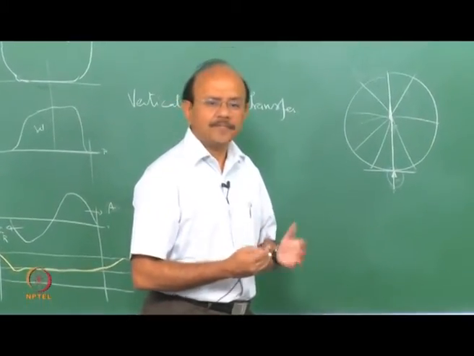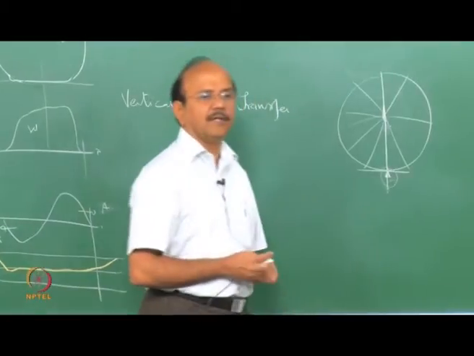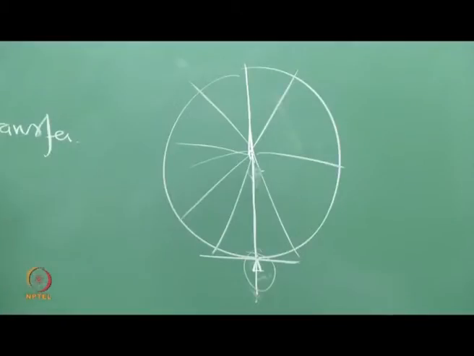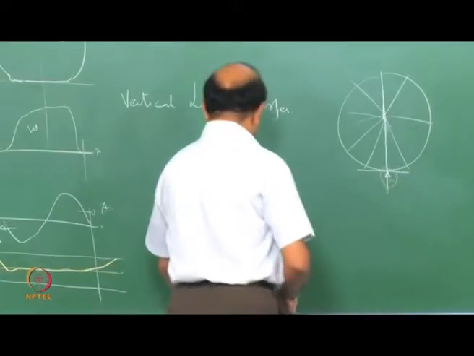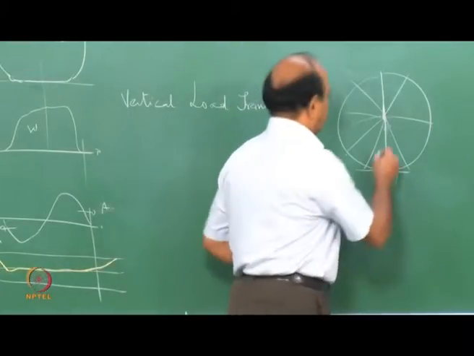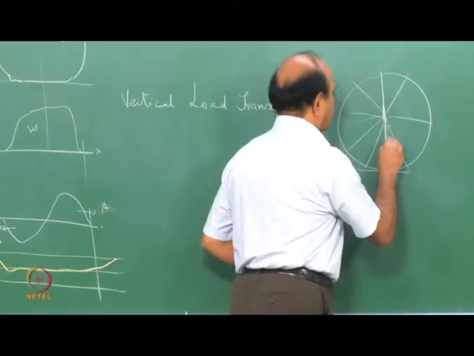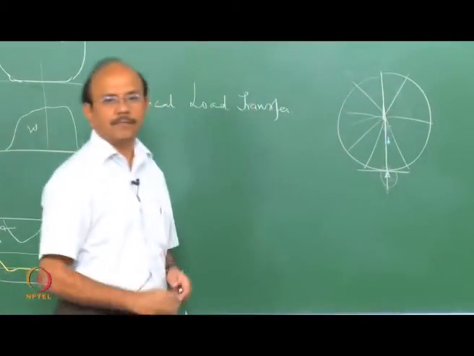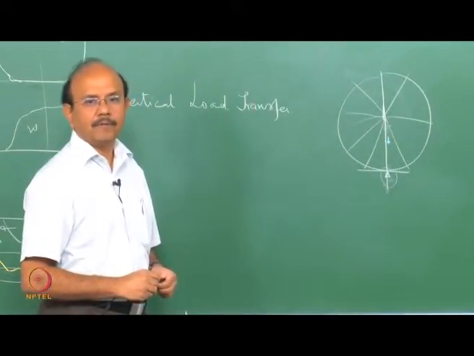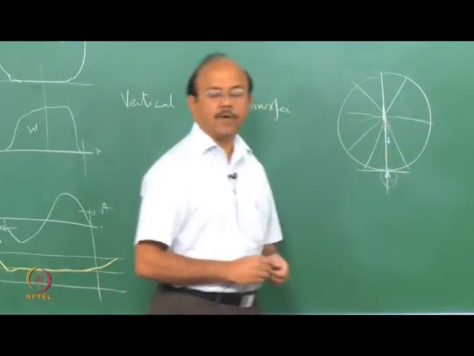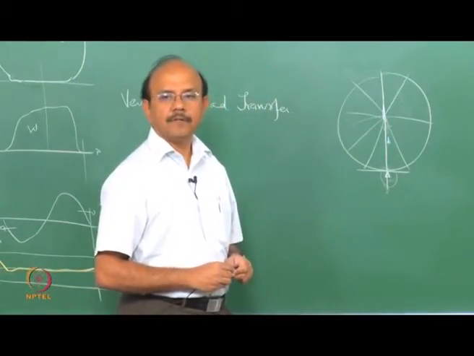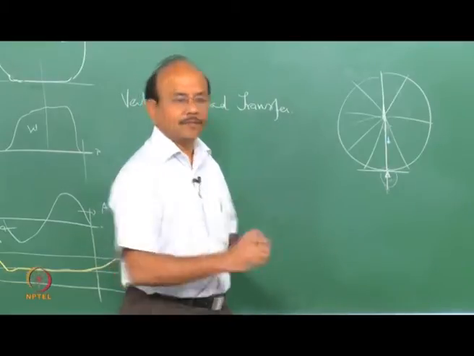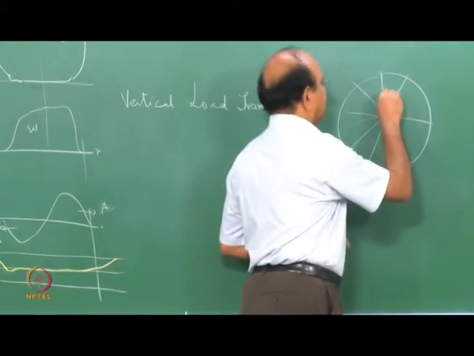So what really happens is that the tension here is reduced. Let's depict that with an arrow. But this one sitting there at the top, his tension is not reduced. So his tension is high.